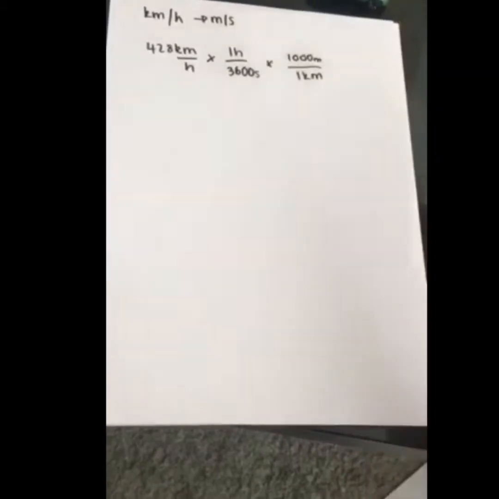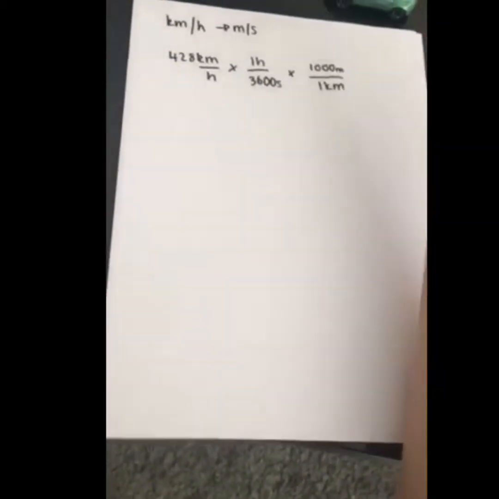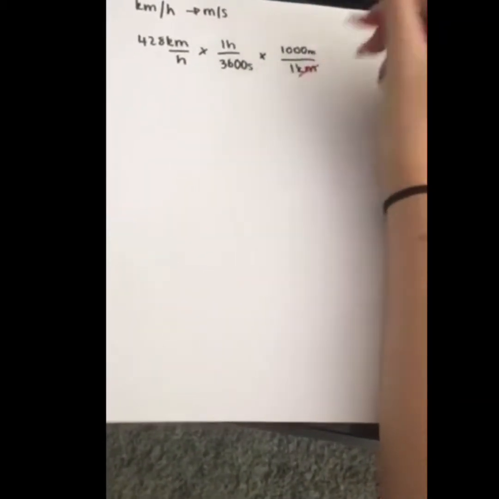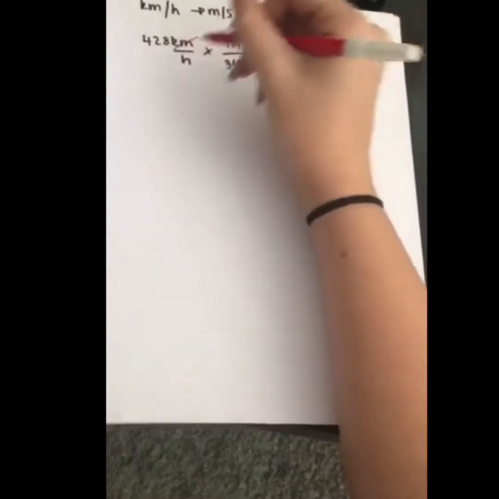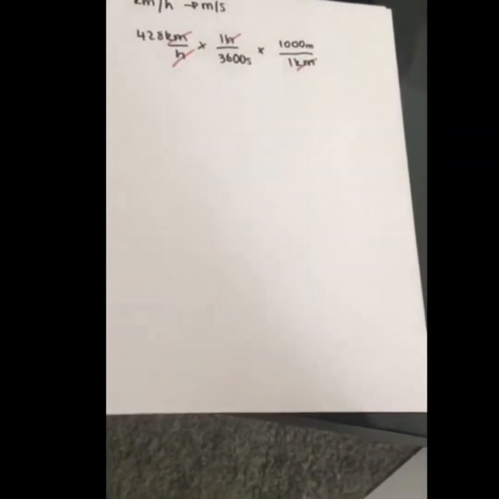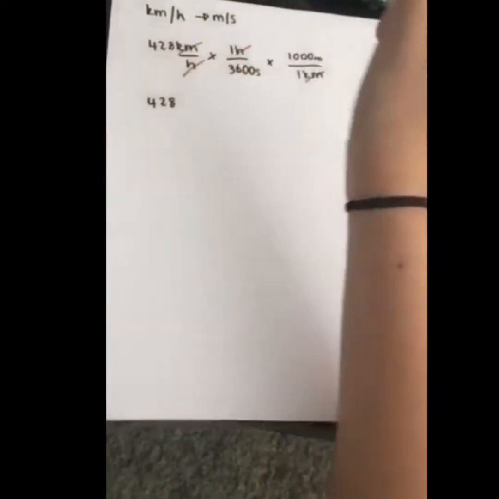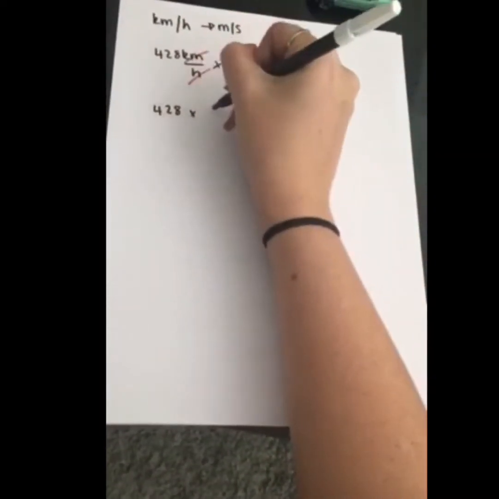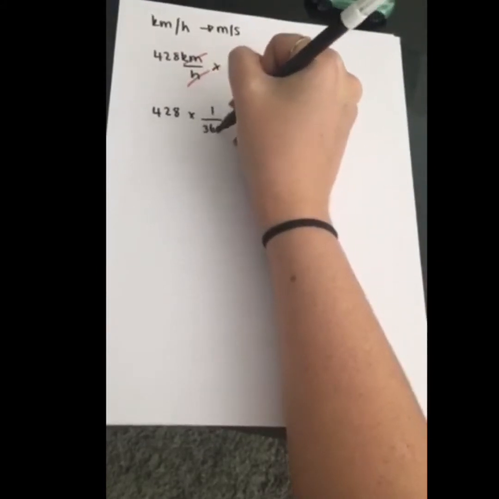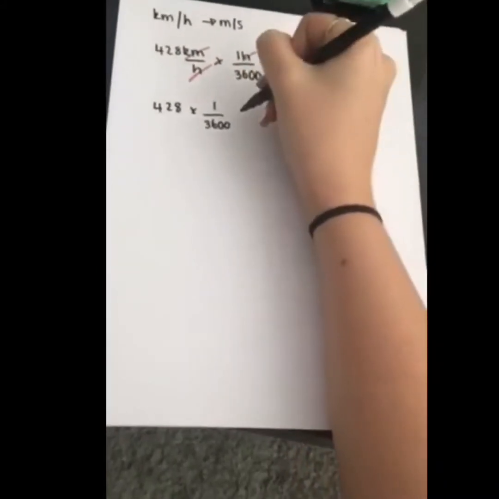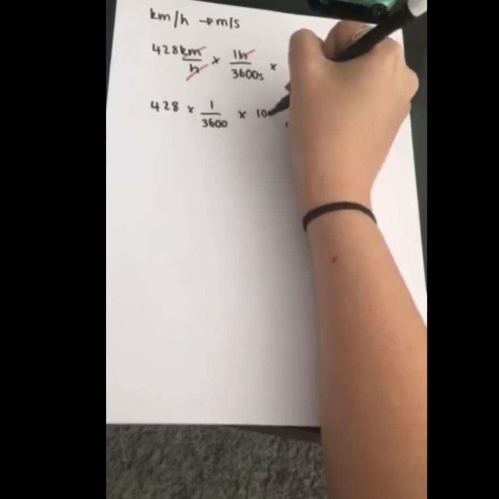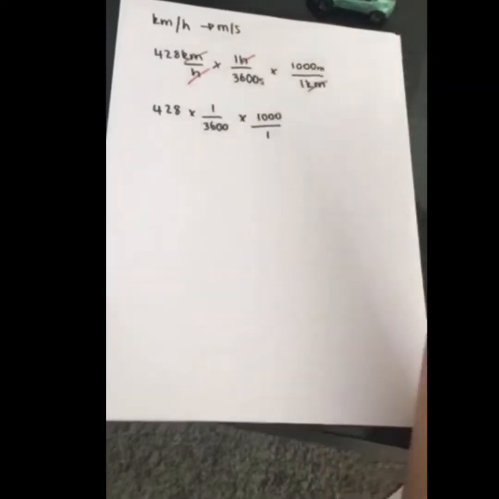Now we cross out all of our common units. So we've got kilometer, kilometer, an hour, an hour. This leaves us with 428 multiplied by 1 on 3,600, multiplied by 1,000 on 1.